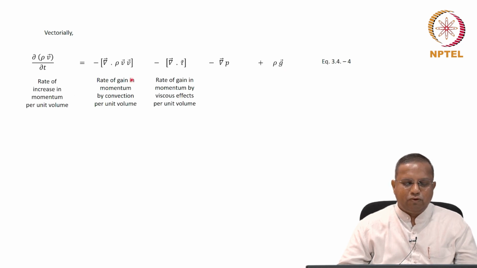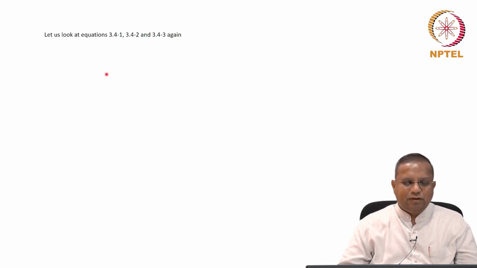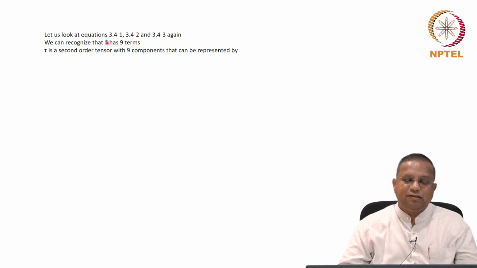So let's talk a little bit more about these new vectorial, tensorial quantities that you have been introduced to as a part of this derivation. As we saw, the shear stress tensor τ has 9 terms. It is a second order tensor with 9 components that can be represented in matrix form.